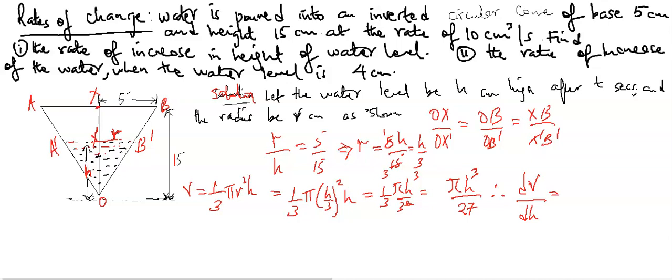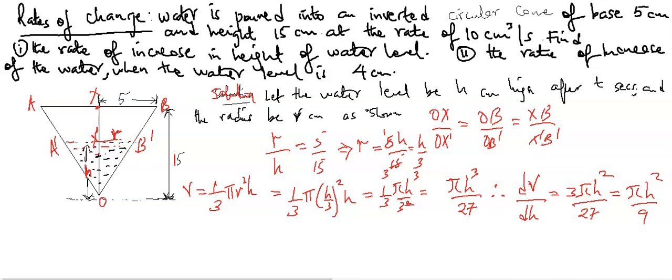So you differentiate our V, which is pi h cubed over 27, and this will give you 3 pi h squared over 27, which is the same as pi h squared over 9. The change in volume with respect to h will be pi h squared over 9.